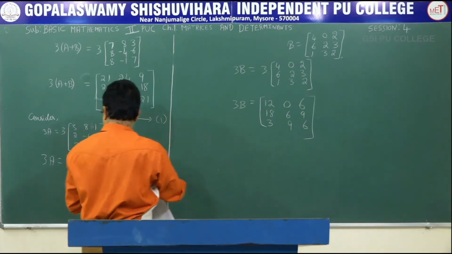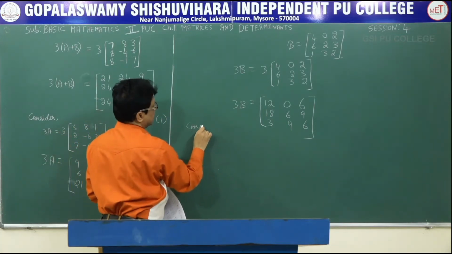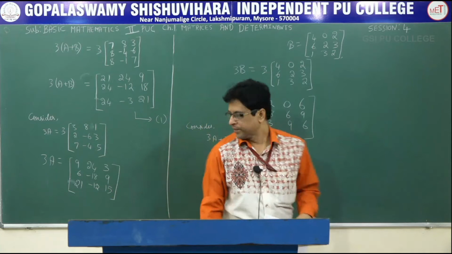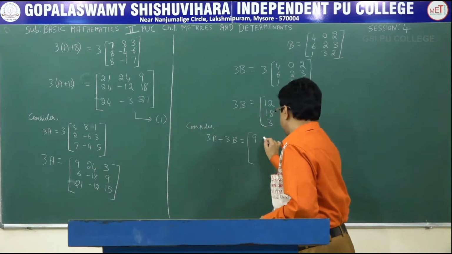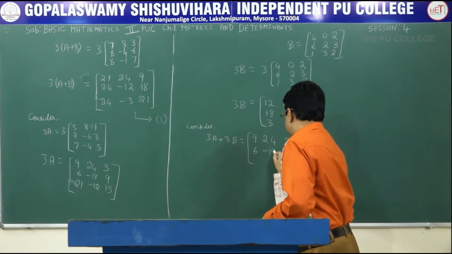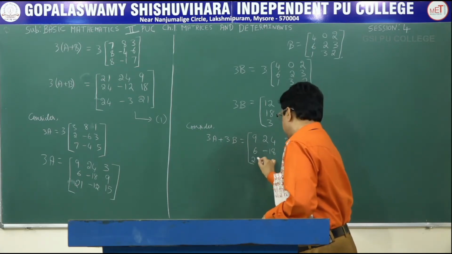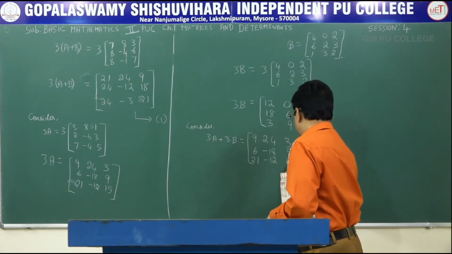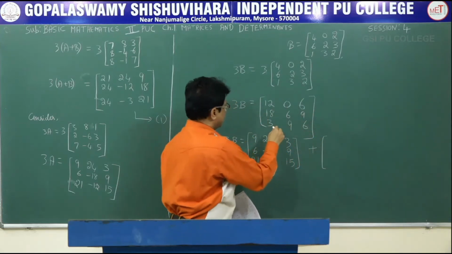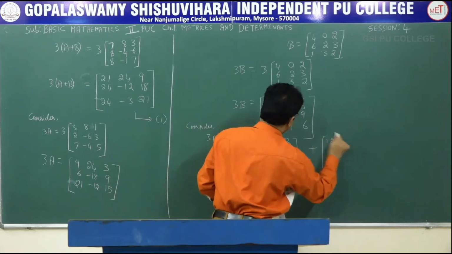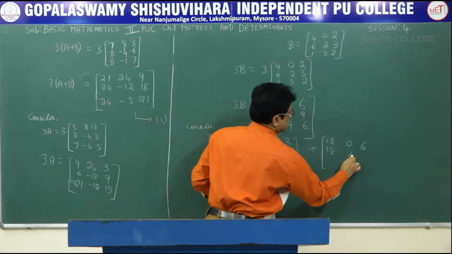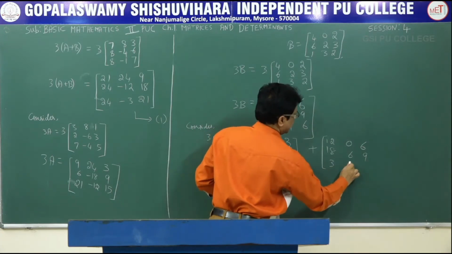Let us consider the sum of 3A and 3B. So 3A is [9 24 3; 6 -18 9; 21 -12 15] plus 3B, which is [12 0 6; 18 6 9; 3 9 6].